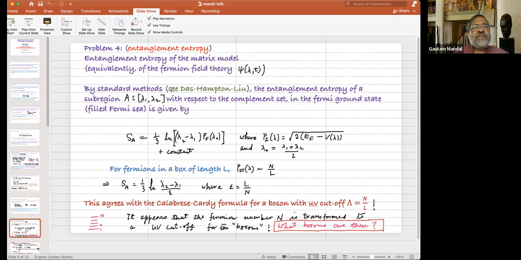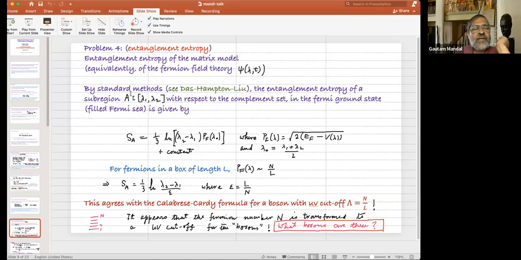In a very recent paper last year, Sumit Das and collaborators derived the following formula for the entanglement entropy of a subregion A, given by the interval lambda 1 to lambda 2 in the spatial direction of this fermion field theory, with respect to the complement, in the Fermi ground state.